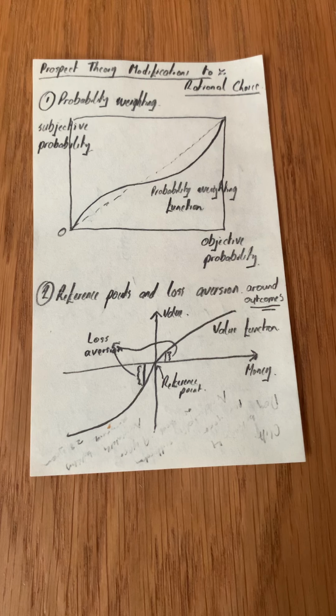Prospect theory was developed by two very famous psychologists, Daniel Kahneman and Amos Tversky, that some of you will have heard of. I think Kahneman probably has done more towards the development of behavioural economics over the last 50 years now.